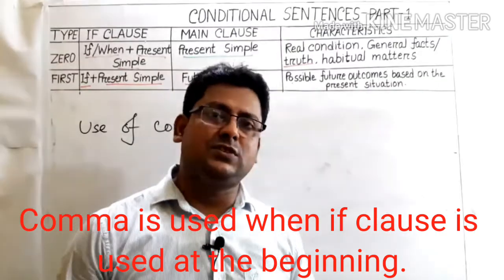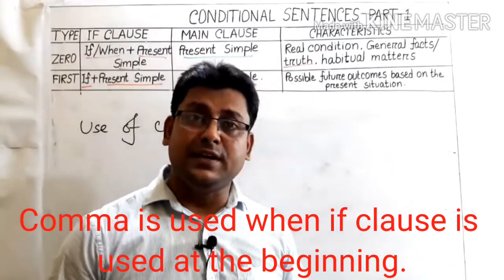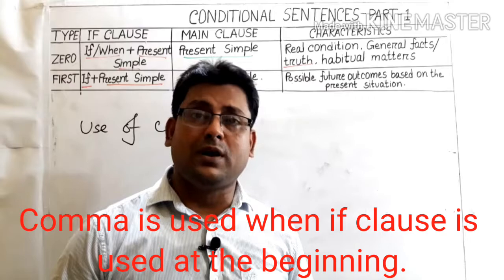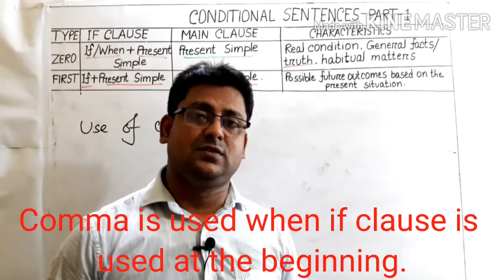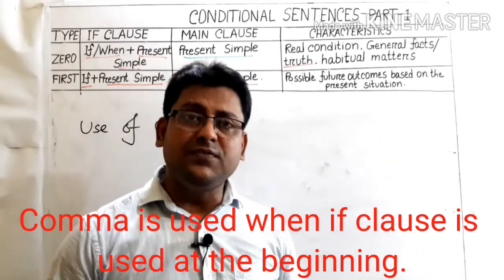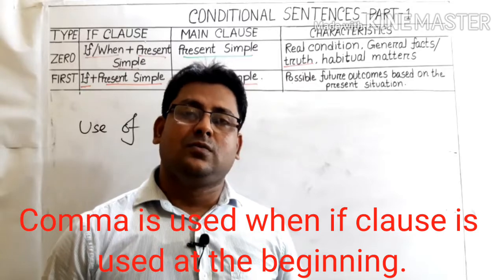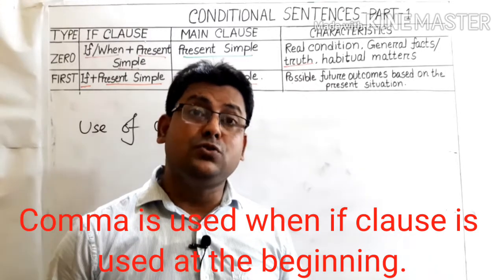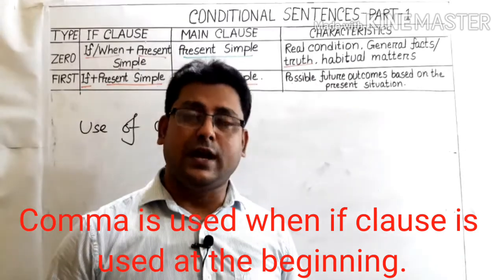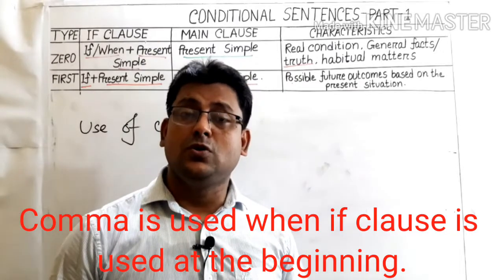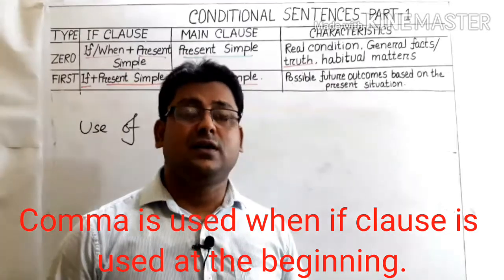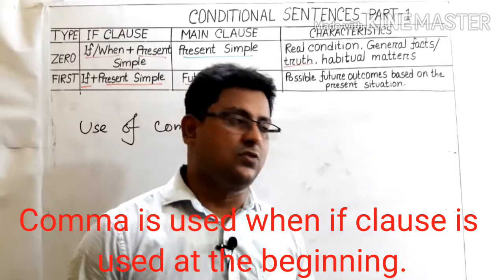When the if clause is used at the beginning, you have to use a comma after the if clause. But when you don't use the if clause at the beginning, it is not necessary to use a comma after the first clause.